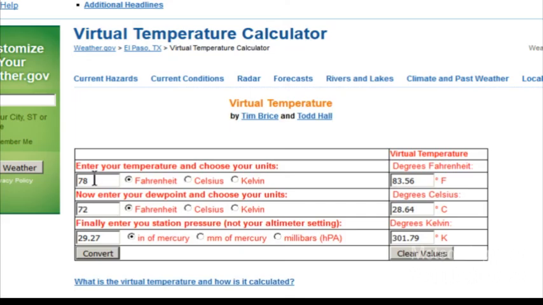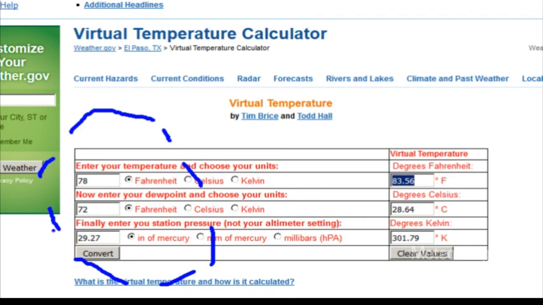So our temperature and dew point in Austin is 78 over 72, and that gives us a virtual temperature of 84 degrees. What that is, if we take a dry air mass, remember that's all of the gases except water vapor, just dry air, this is the temperature it would have to be for the density to be the same as what we have here in Austin.